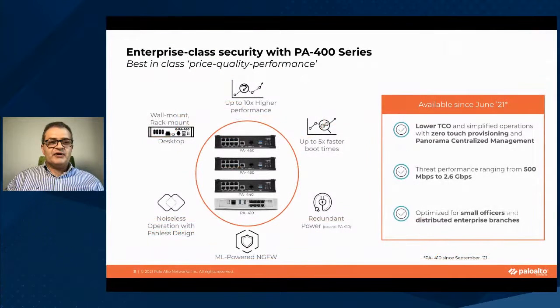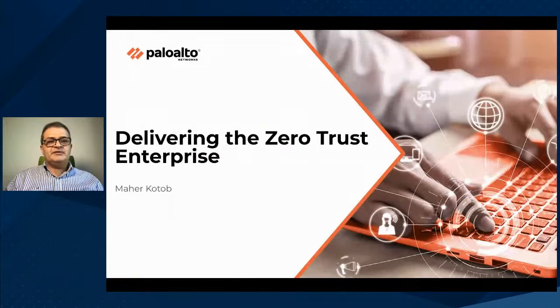These are the PA-400 series with four different models spanning performance from 500 megabits per second up to 2.6 gigabits per second. But we did not have the opportunity to talk about how we implement zero trust. So we talked about the components, and today I'd like to talk about how we deliver zero trust for the enterprise.